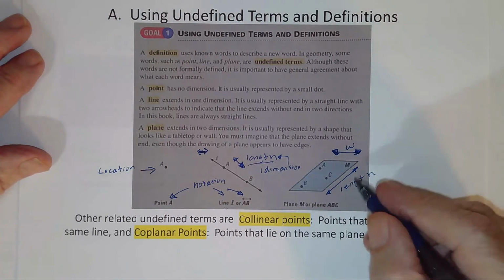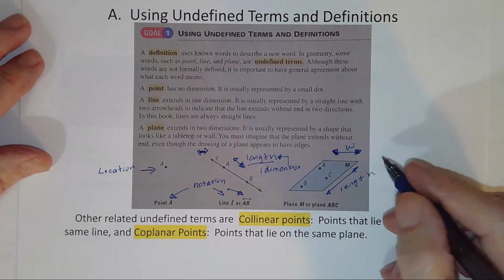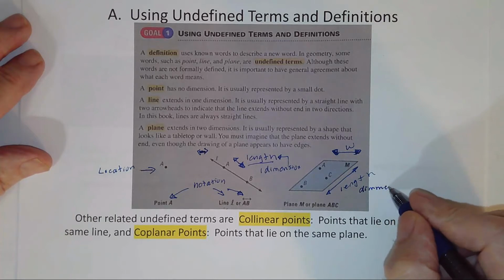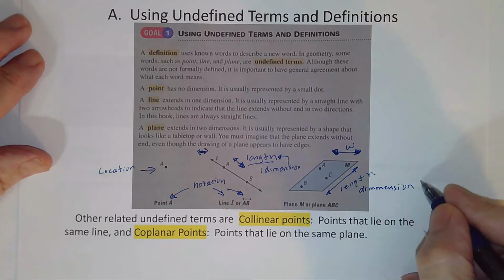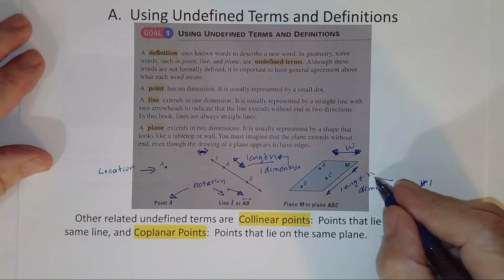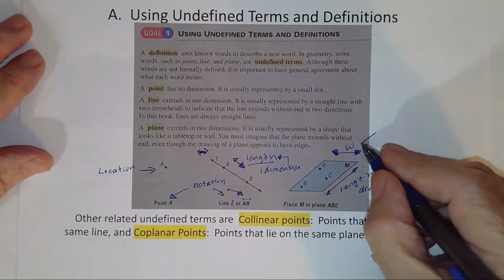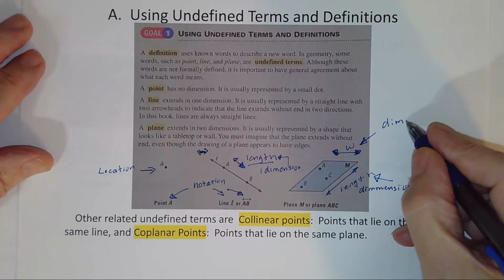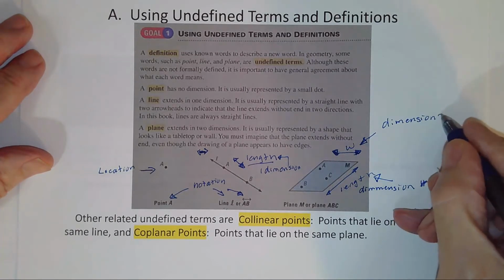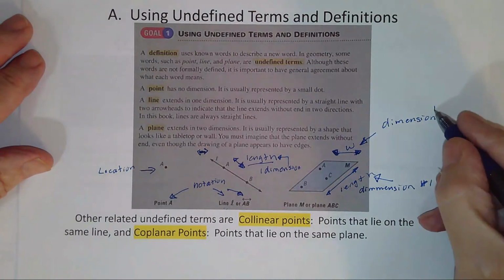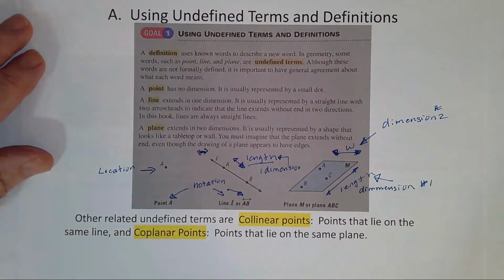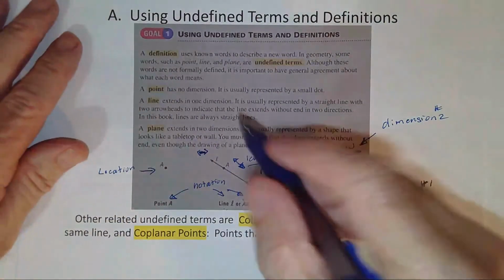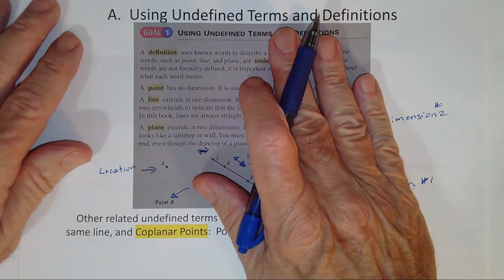Now, a plane has two dimensions. Dimension 1, that's this one, length. Dimension 2 is width. You can see length and width so long as it's facing you in some way.